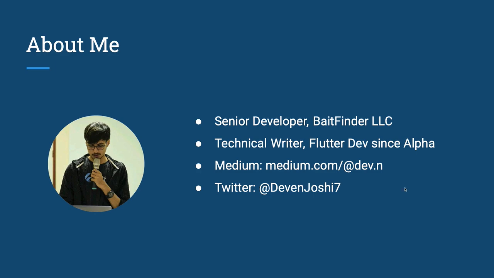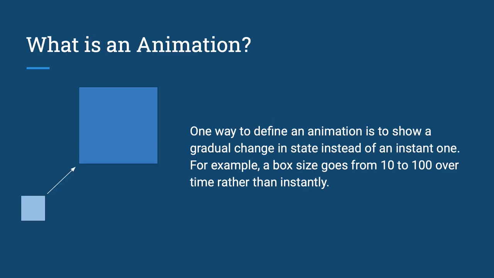Okay. So first of all, what is an animation? An animation is really defined in terms of state change. If you think about it, there's no direct purpose for an animation. An animation is made for humans. There's no objective purpose to animations.